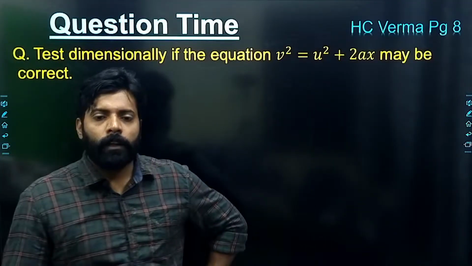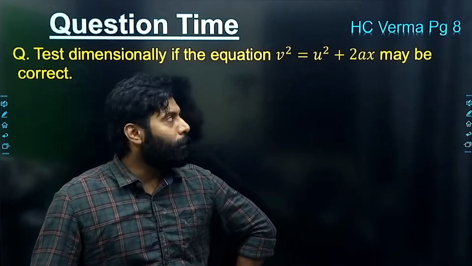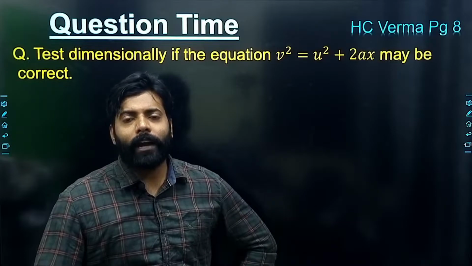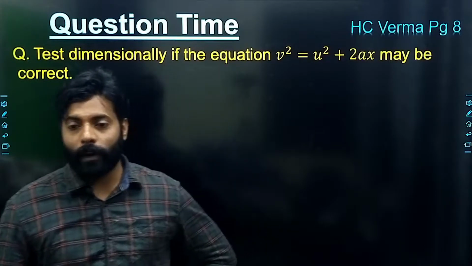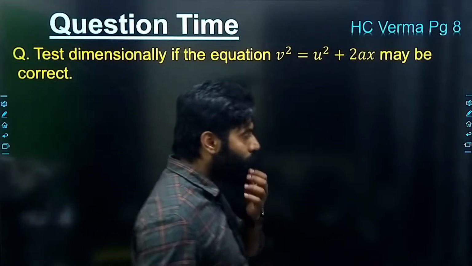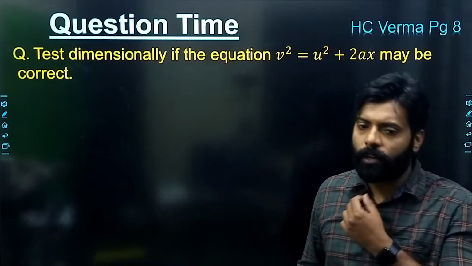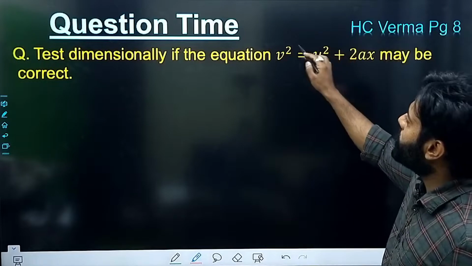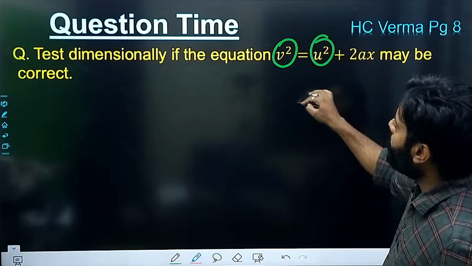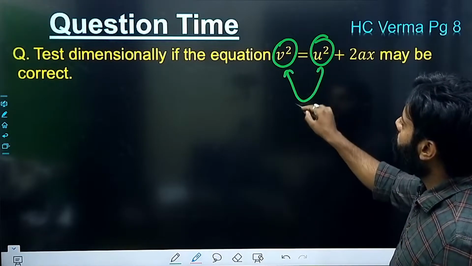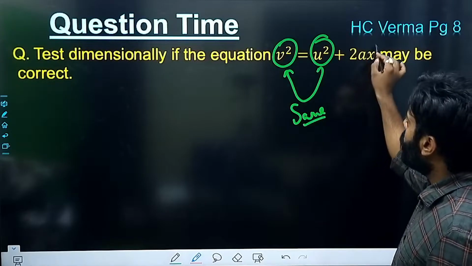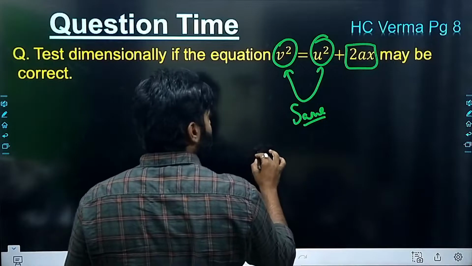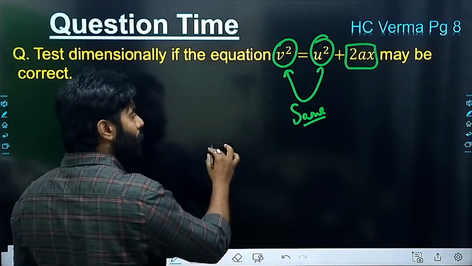Now we have to test dimensionally whether these equations are correct or not. Here we have v square is equal to u square plus 2ax, and we have to find out whether this is dimensionally correct or not. If you are preparing for JEE, you can easily find that this and this have the same dimensions.